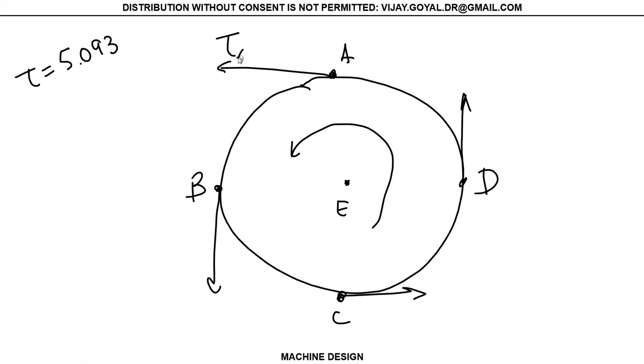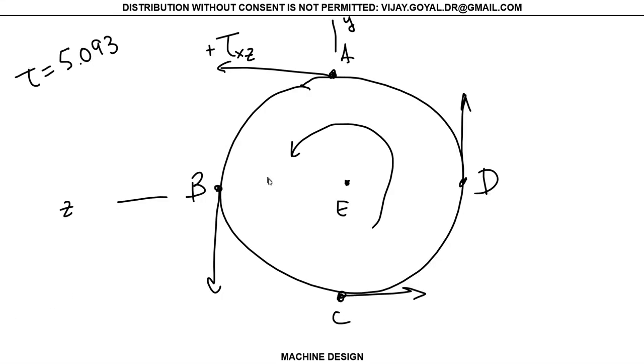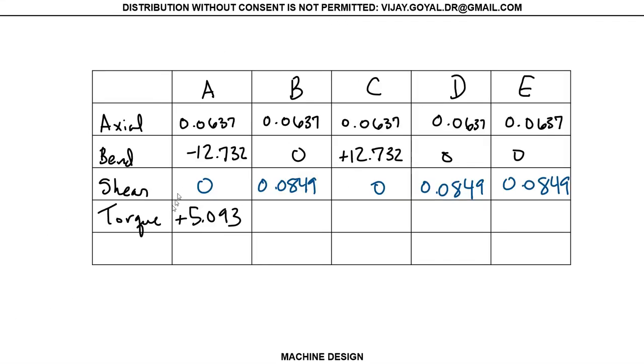This is acting in the x plane, because this is the x-axis, but it's acting in the z direction. Remember, this is z and this is y. This is our sign convention. So acting in the z and it's acting positive. Okay, so we can go here and say point A is positive 5.093. And let's do tau xz.